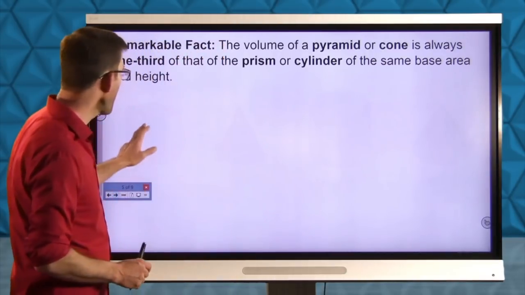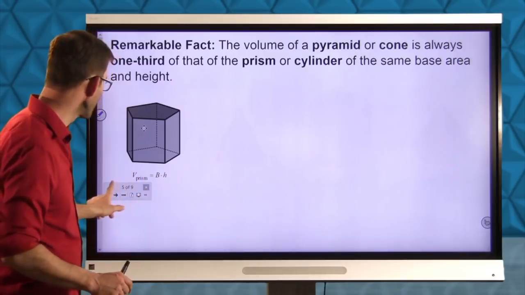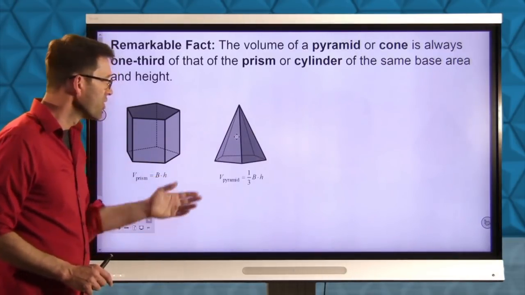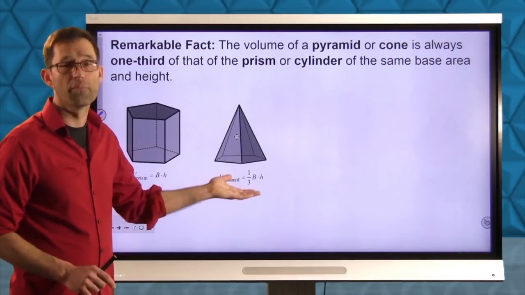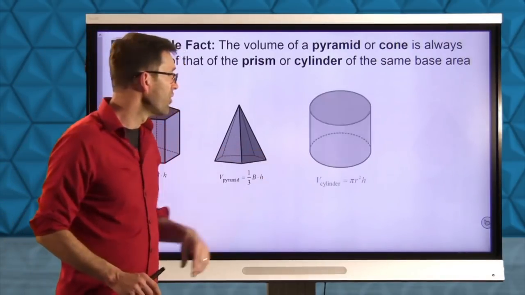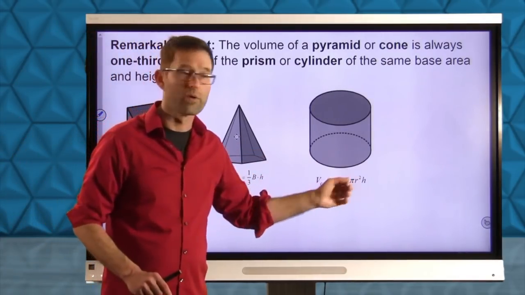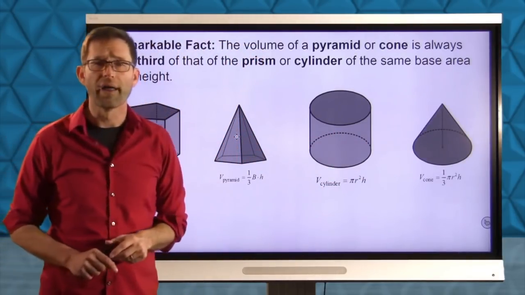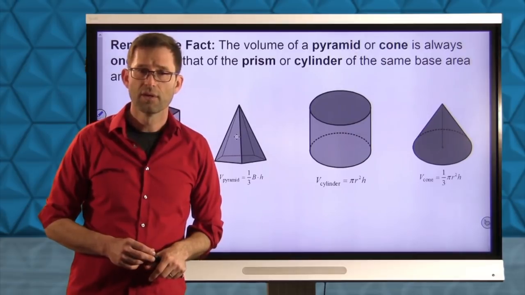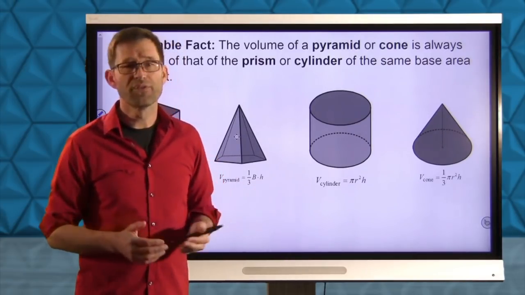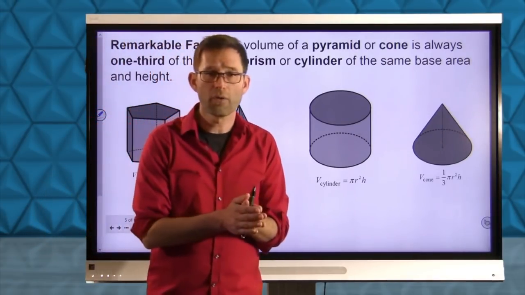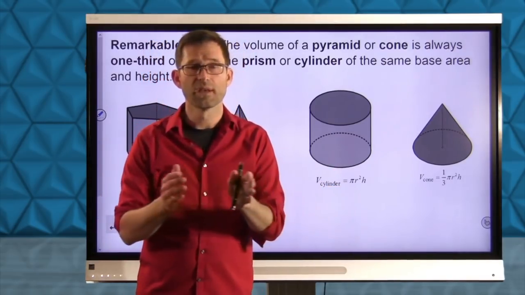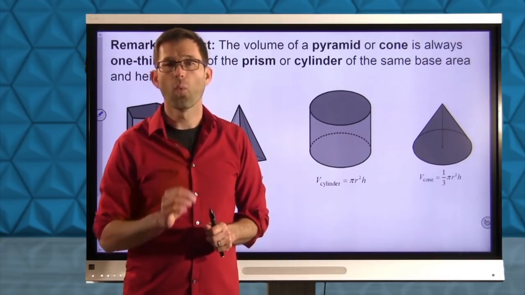And in fact, those are kind of classic formulas, right? The volume of a prism, base area times height. The volume of a pyramid, 1/3 base area times height. The volume of a cylinder, pi r squared times h. The volume of a cone, 1/3 pi r squared times h, right?